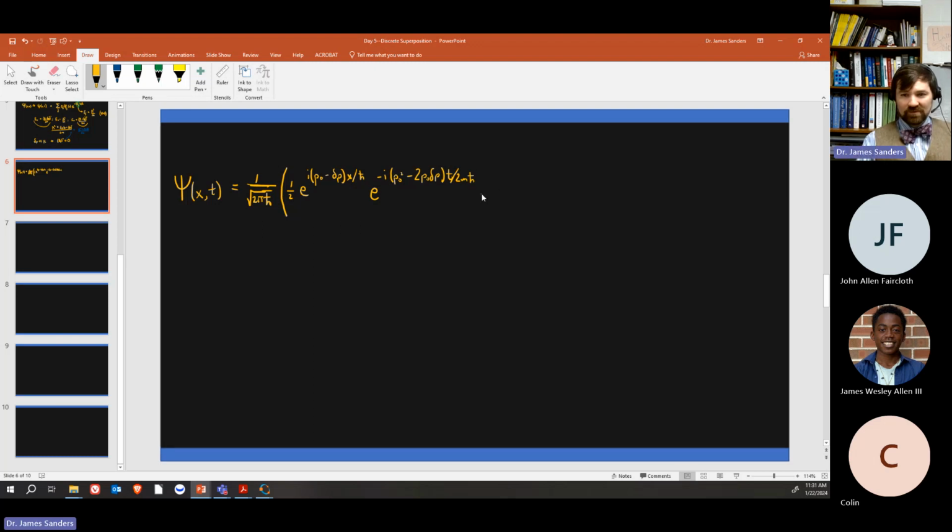To that we add 1 of e to the I p naught x over h bar and e to the minus I p naught squared t over 2m h bar.